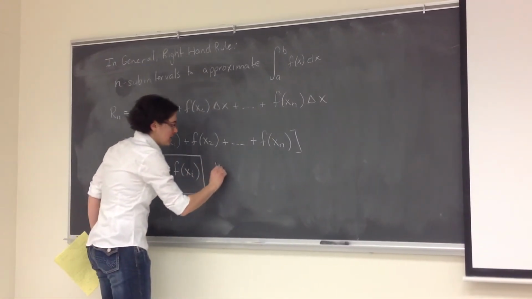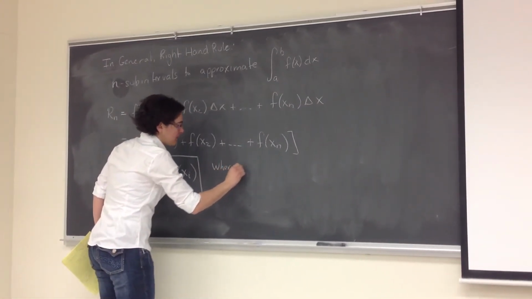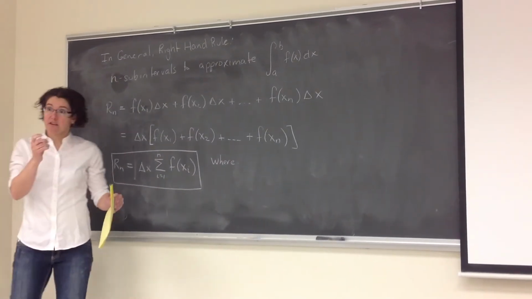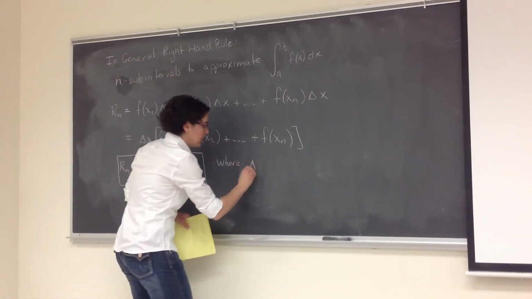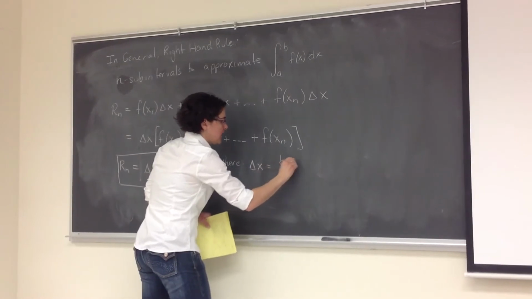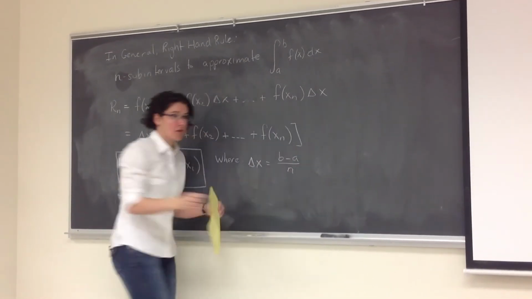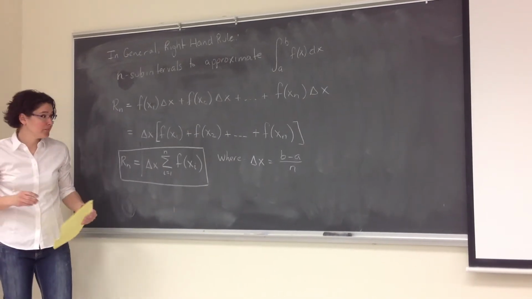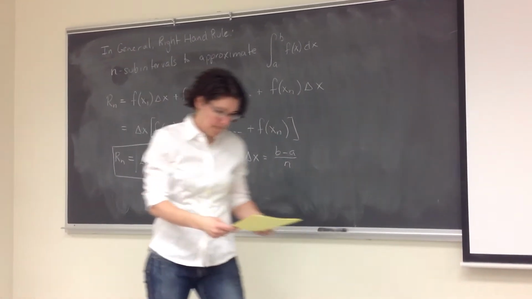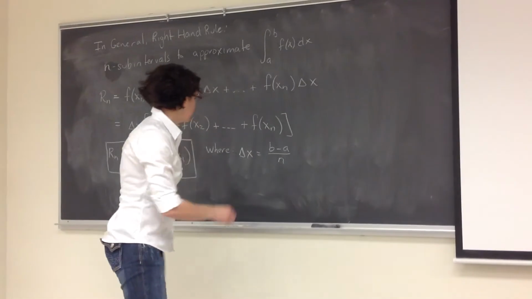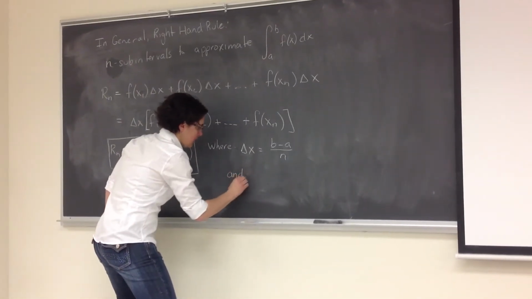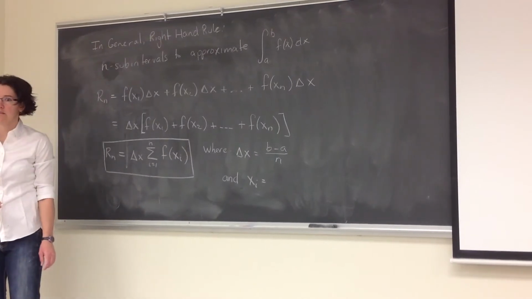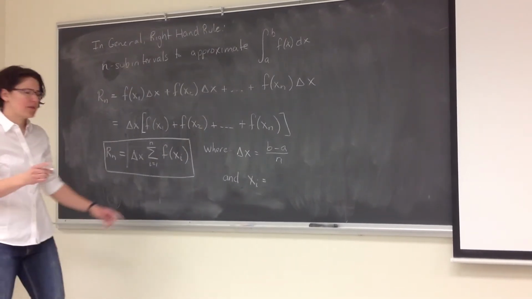Now, there are some things in here that we need some values for. For example, delta x. Delta x is always b minus a over n, so the two endpoints subtracted, divided by the number of intervals. And the xi's, so think about this.